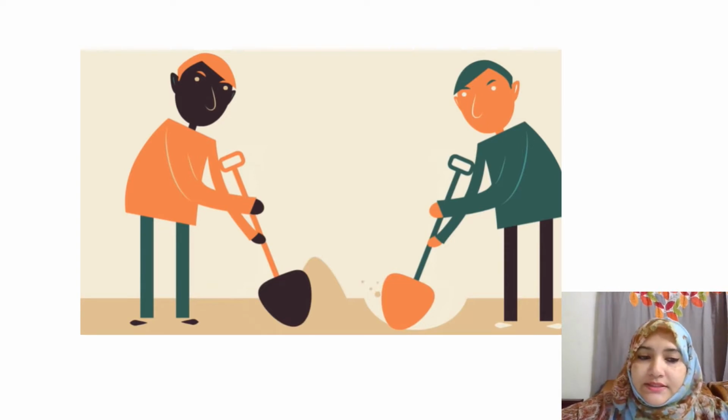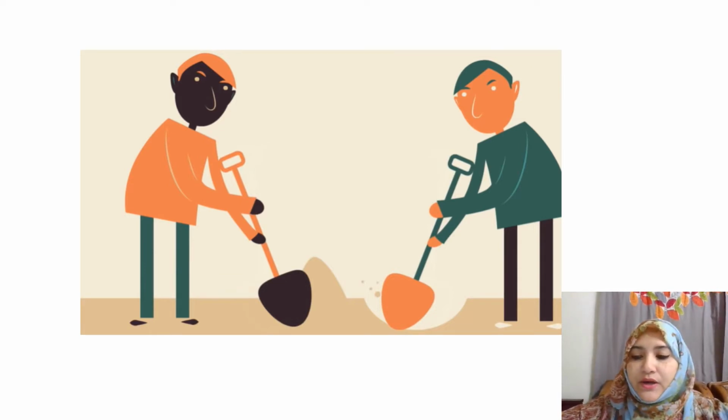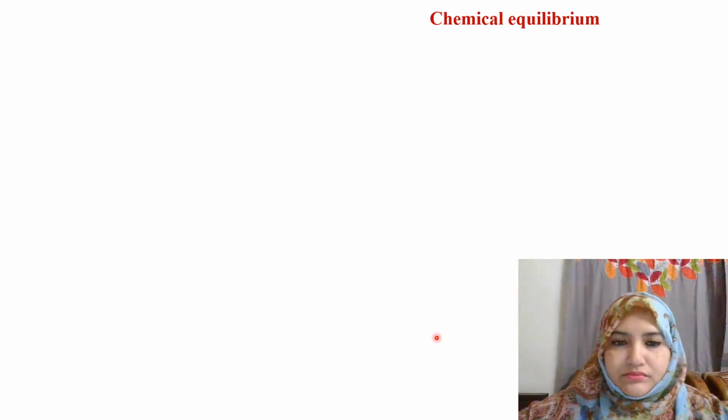This means there is both a forward and a backward reaction, that means a reverse reaction, occurring spontaneously.